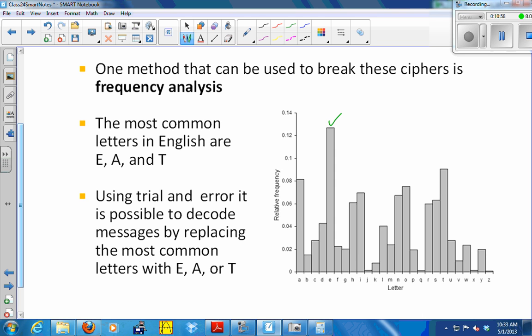And then we've got T and A as the other two most frequent. So what you can do is look at the encoded message, find what letter in the encoded message is being used the most frequently, and guess, say that's probably T, right? And then from there, you might be able to figure out a little bit more.